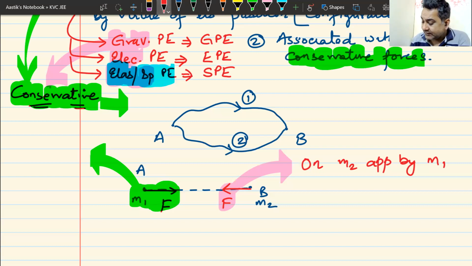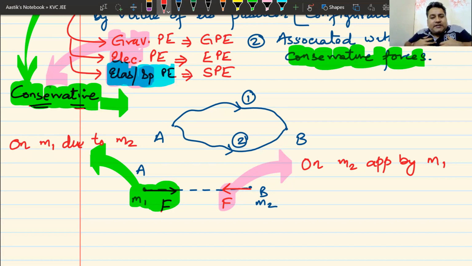This F is the force applied on M1 due to M2. So far, so good. We know this. Now, how am I going to imagine this pink force? This pink force is the force applied by M1 on M2.